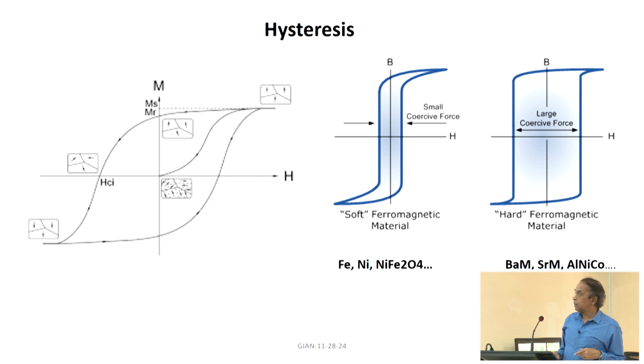Right. You are familiar with hysteresis. What really happens is, for example, if you load your sample in a vibrating sample magnetometer, and you start increasing the static magnetic field. Initially when there is no field, the sample has domains with magnetic orientation in different directions.